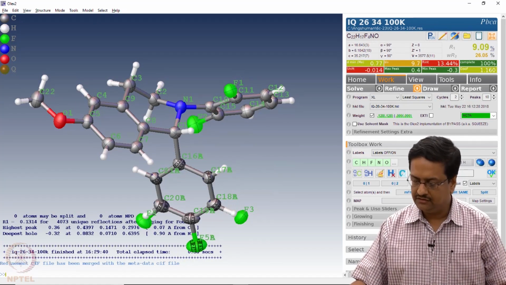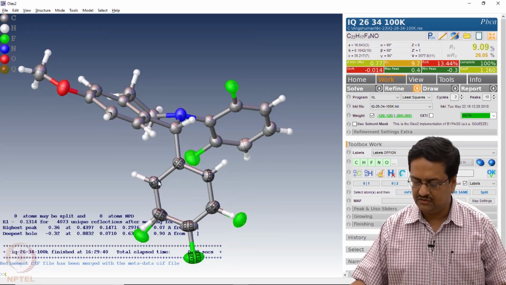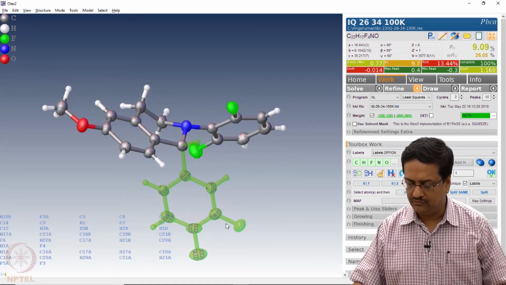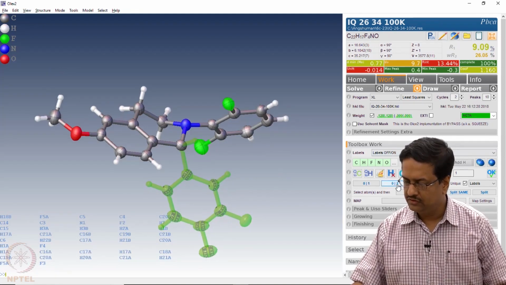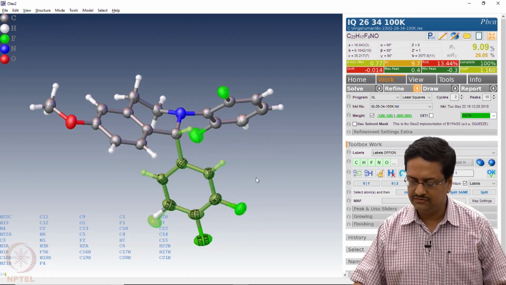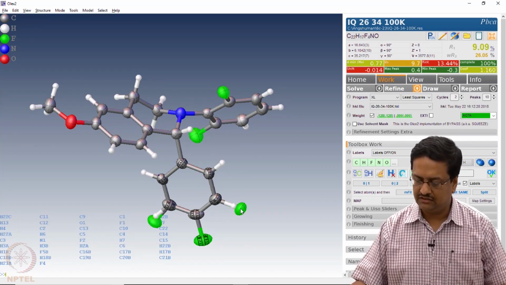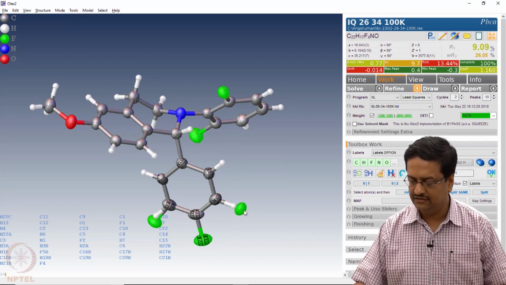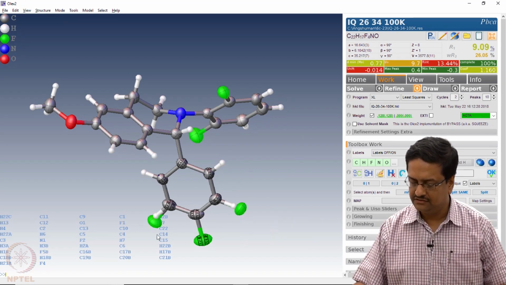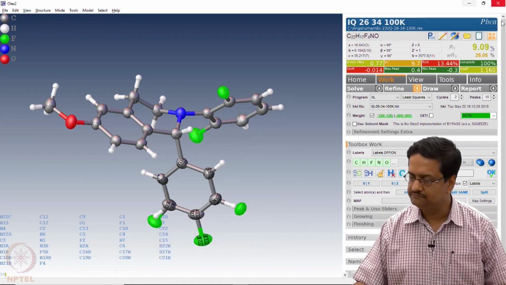Now look at the part of the molecule here which is now disorder treated. We have part 1 which looks like that, part 2 which looks like this. So all the parts, if we show, it looks like that, which means this particular fluorine is on the right hand side and has occupancy of 64%, and this has occupancy of about 35%.